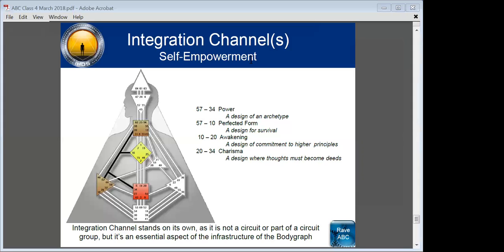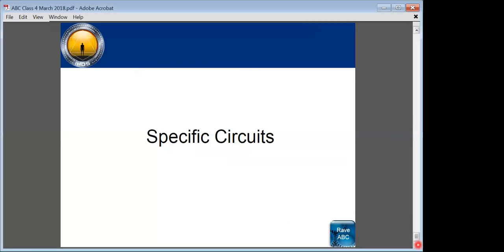So that's what we'll do in our next class: we'll look at the specifics within a circuit, and the specifics being what are the channels making up that circuit. So that's how we'll get to see the knowing circuit and the minor circuit, which is called centering circuit, and individuality. And I'll show you the component life forces that come from that.